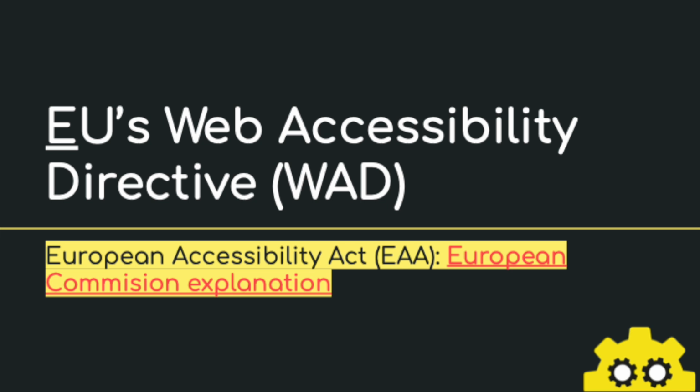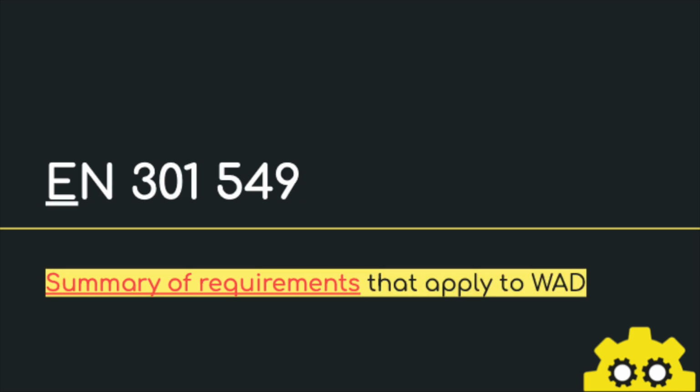And so the member countries were supposed to adopt a standard for making things accessible that are in the public procurement process. So then we have EN 301-549.